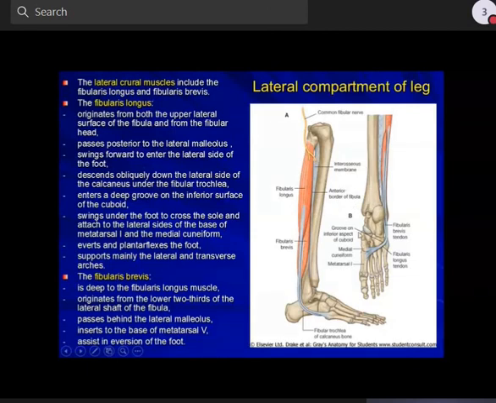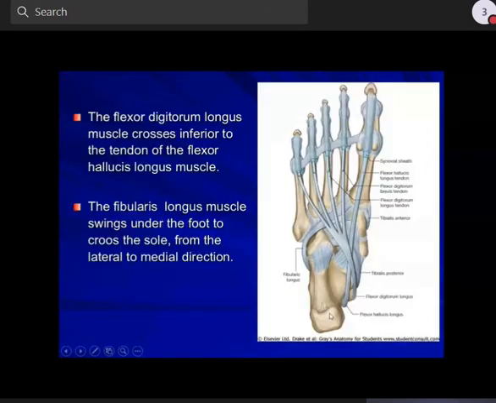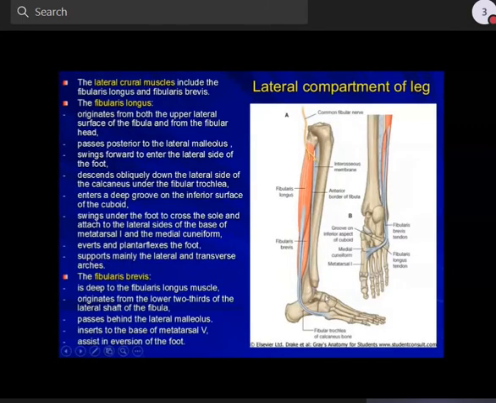And as you can see, the tendon of peroneus brevis or fibularis brevis passes behind the peroneal trochlea and ends on the tuberosity of metatarsal 5, while tendon of peroneus longus reaches the sole and ends on the medial side of the foot, to the medial cuneiform and metatarsal 1 as well.